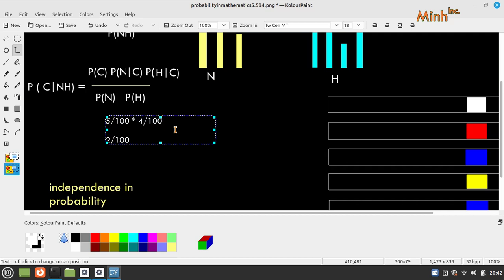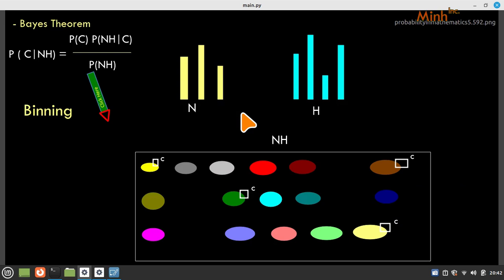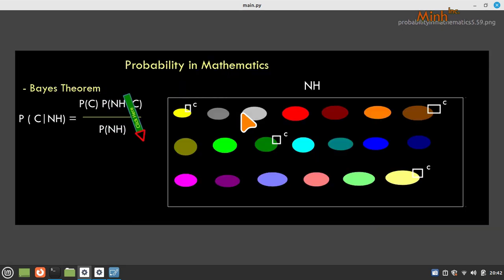Can we see how much we are losing the character? If I was getting 2 by 100, I was getting it through the coexistence, the probability of NH.